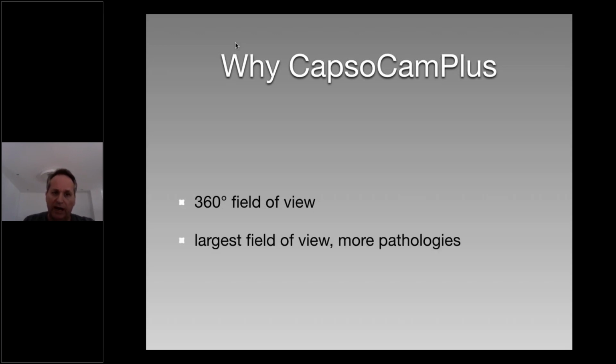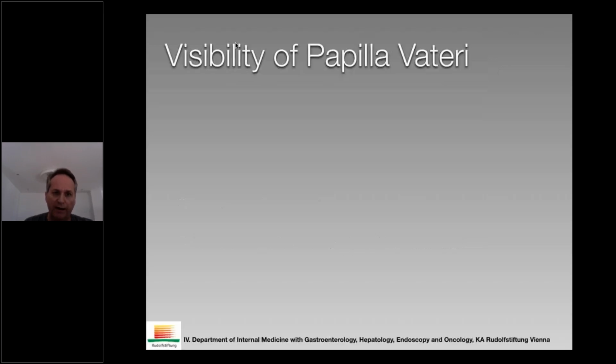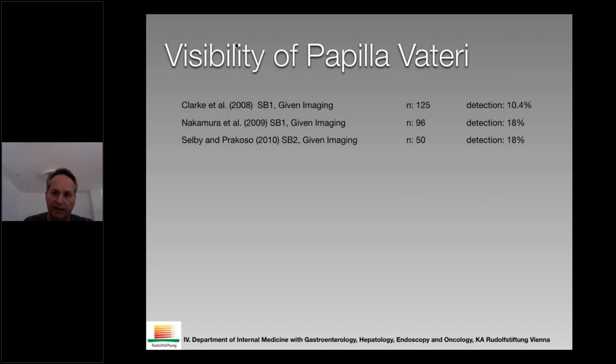It's quite the largest field of view you can get with capsule endoscopy, and I'm sure we will find more pathologies. And I will show you why I'm sure, because the only landmark in the small bowel is the papilla Vateri. And there are several studies about detection with an end view system, between 10 and 18%.